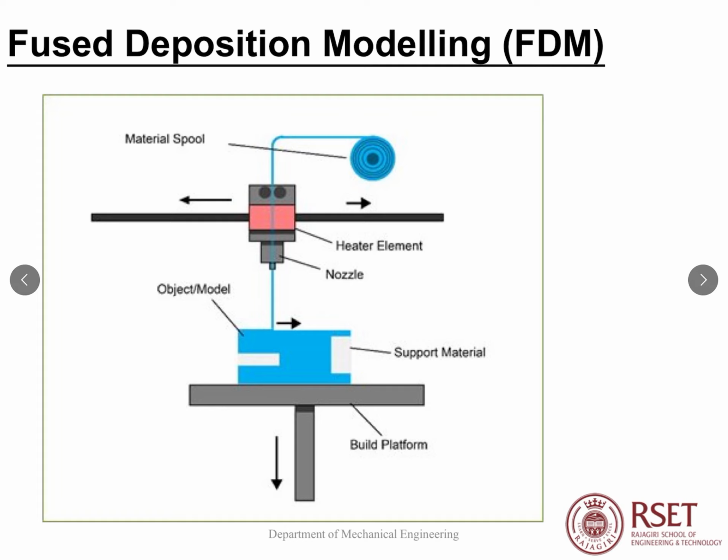So this is the platform, and this creates one layer of material, starting from the bottom layer, based on the program we give or the 3D model data we have given. When the material touches the platform, it solidifies to form a solid layer.